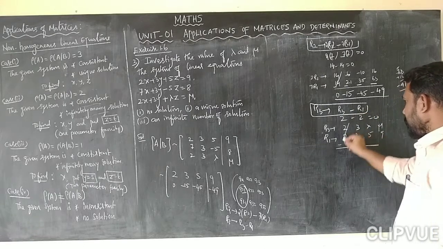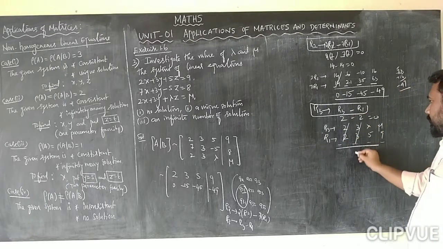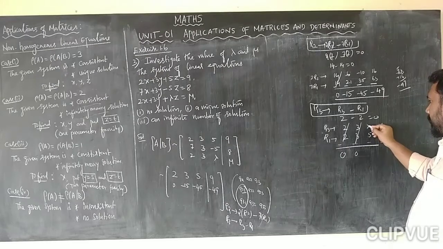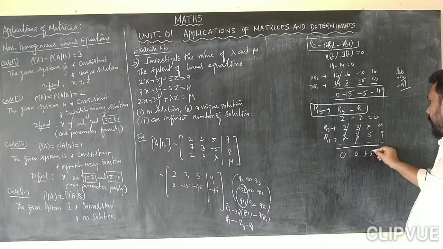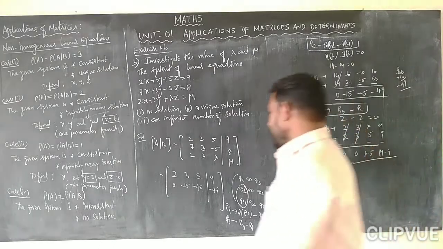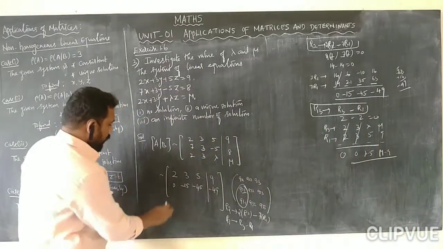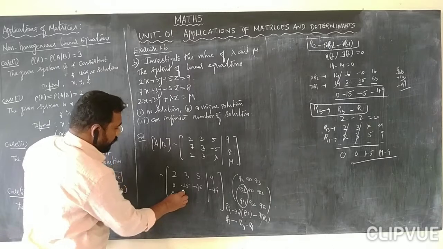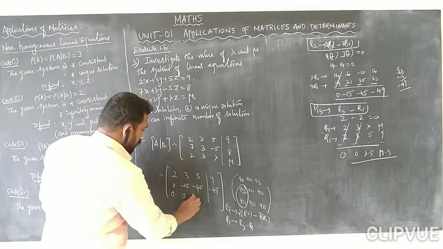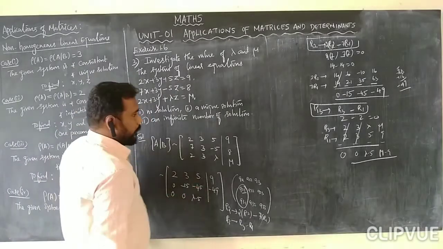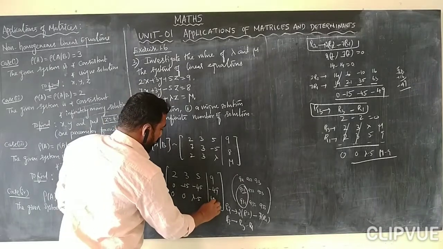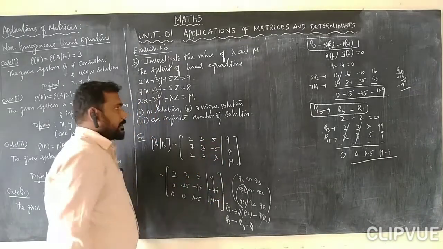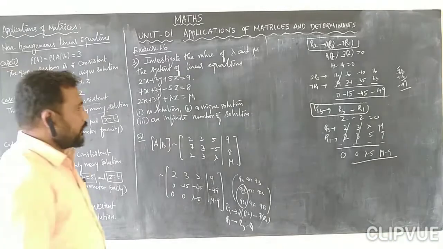Symbol is minus. 0 minus minus minus. 0, lambda minus 5, mu minus 9. Okay. Substitute this value: R3 row 3 is 0, 0, lambda minus 5, mu minus 9. It's clear? Next one.